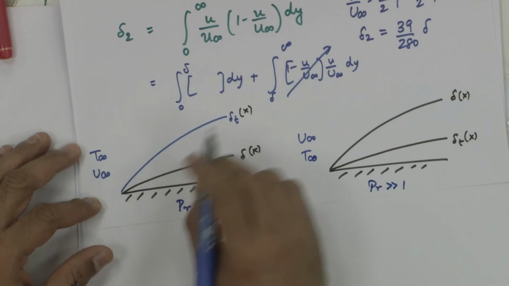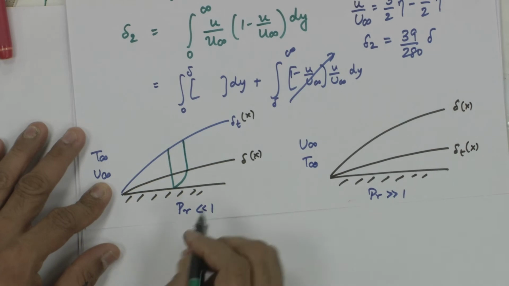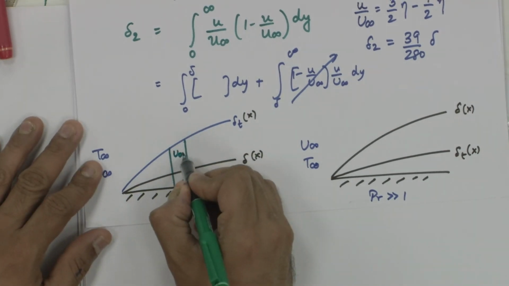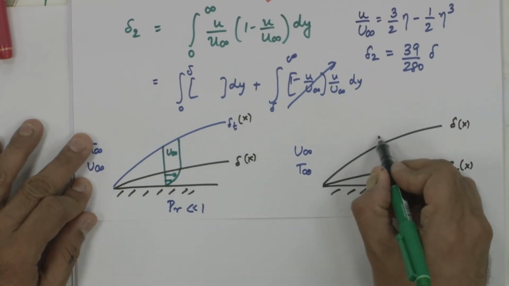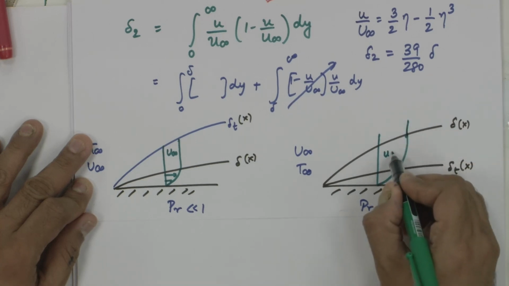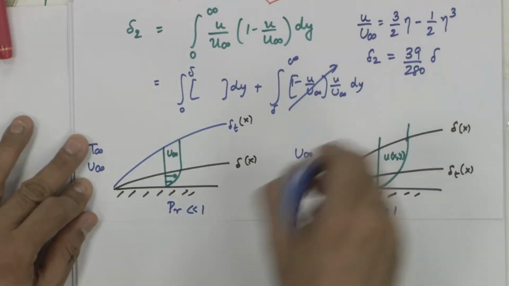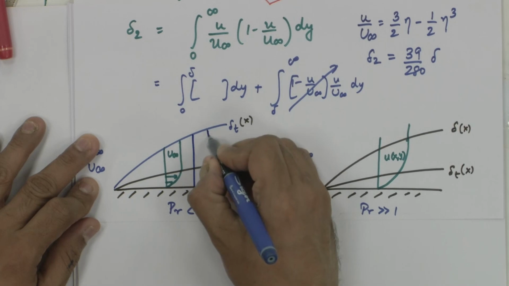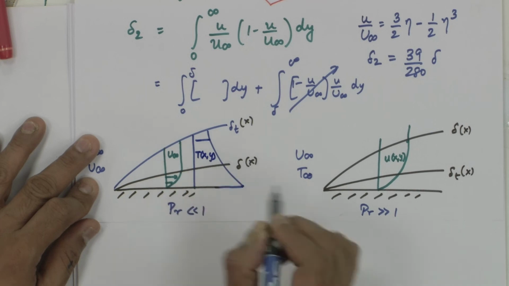Let us draw the velocity profiles. Again, we have drawn this many times. We will draw it one more time. Velocity profile is like this, u infinity here, right? U infinity in this part, varying in this part. What about the velocity profile here? Continuously varying. What about the temperature profile here? T of x comma y, continuously varying.